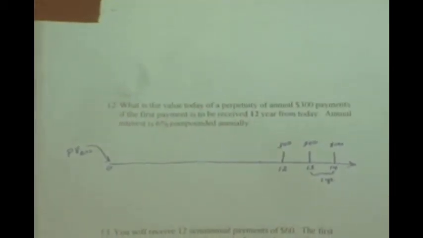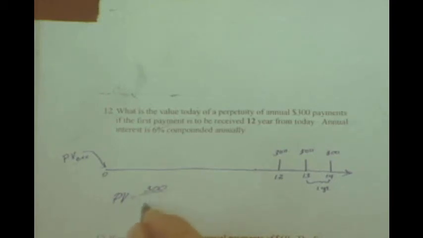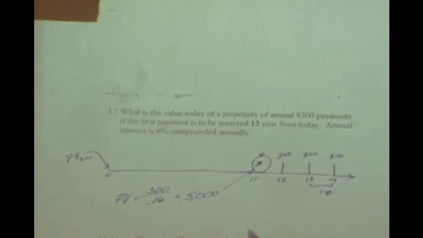Here is a perpetuity of $300 payments that doesn't begin until year 12. And so my present value equation is going to consolidate these at a lump sum amount of $5,000, and it's going to be at year 11, one full 1 year period before the first payment.